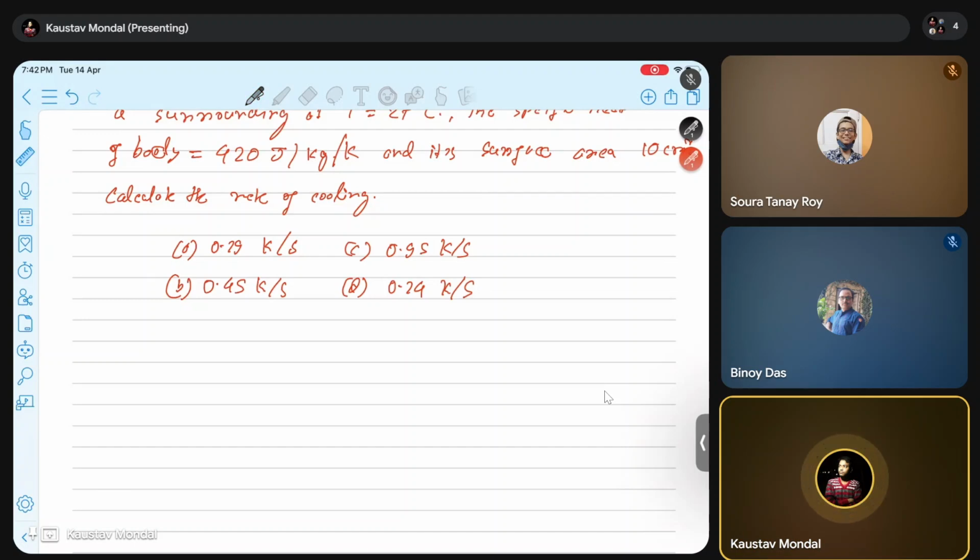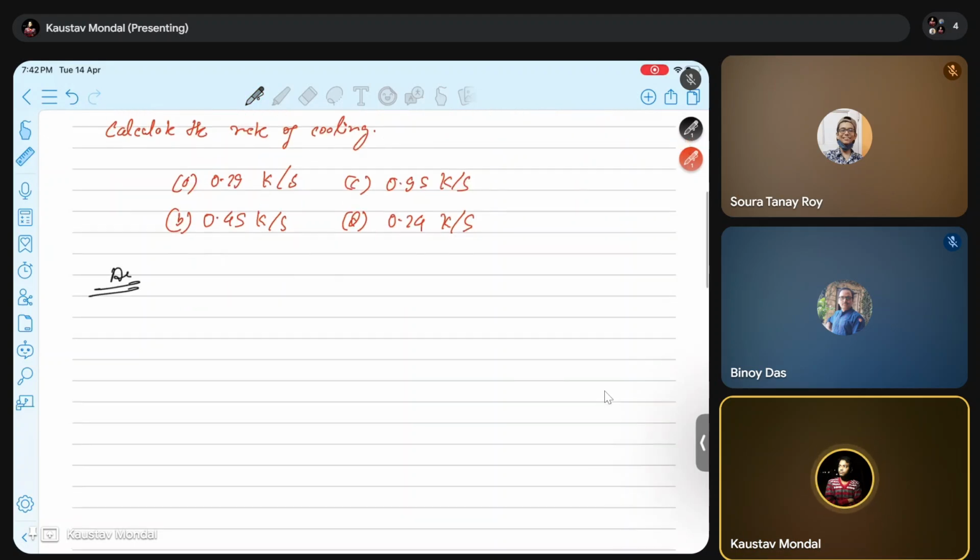Now to get the answer, first you have to calculate the heat that is radiating per unit time.